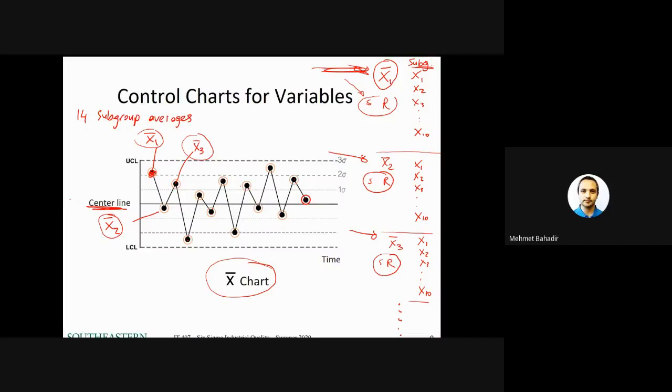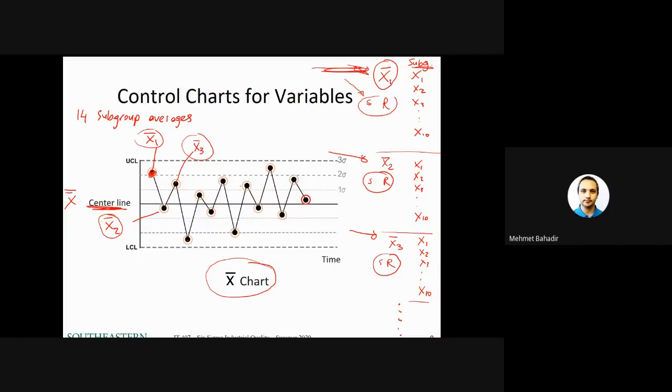The way that we represent the center line is x double bar. Now, this is something new. We knew what x bar means, but this is x double bar, which means the average of all x bars. So basically, average of averages.